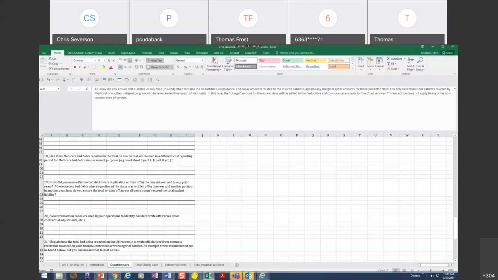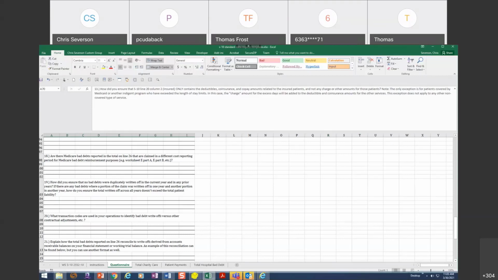CMS has been working on a work group to send them through to get them approved for mandated use, but right now they're just optional. Now, it is required that you have some sort of support for your numbers for DISH and bad debt from 10/1/18 fiscal year begins and on, but there's no mandated template that has to be used. We've just put the proposed version out there.